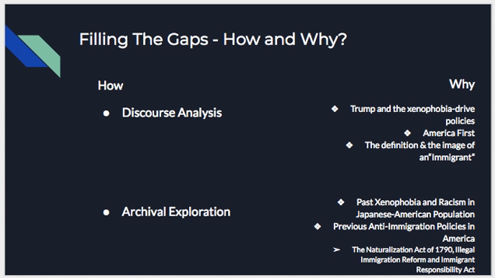For the archival exploration, I feel very strongly about comparing this to historical things that have happened within the United States. One that comes to mind, which I feel has very similar links and timeline, was the wrongful imprisonment of Japanese Americans in internment camps.